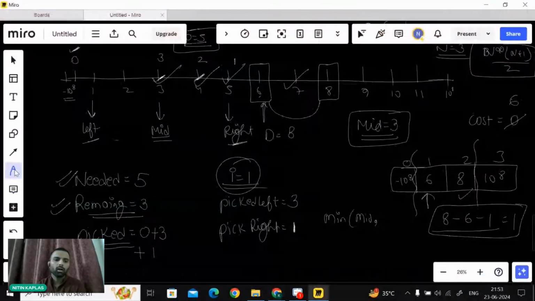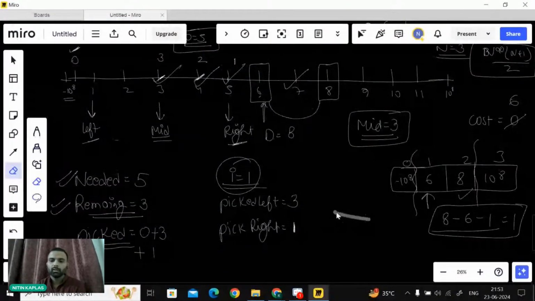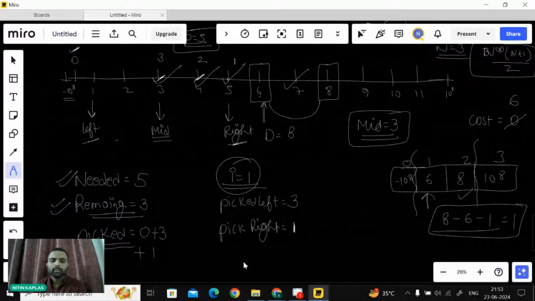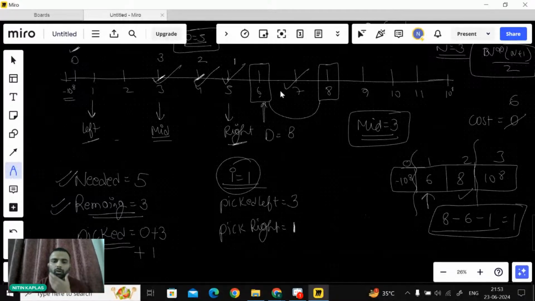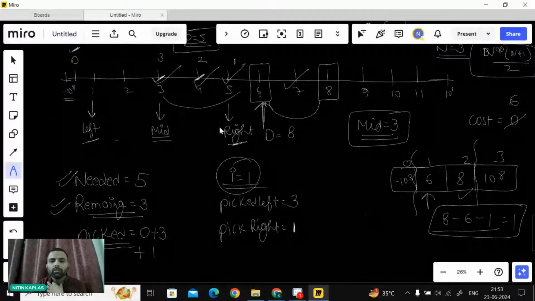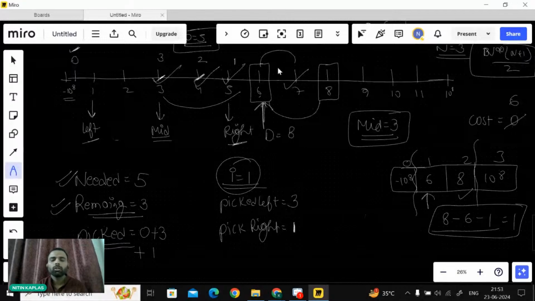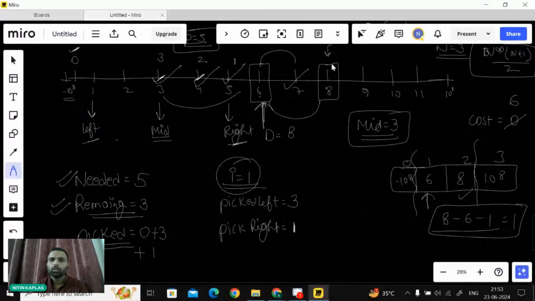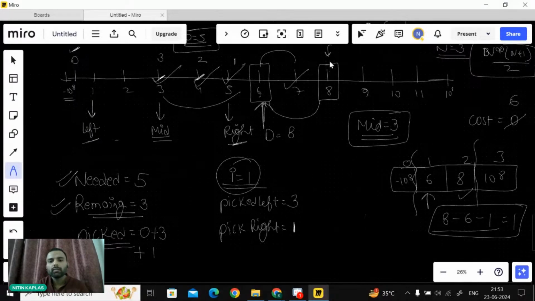Now again you have to focus here. What if you buy this property? When you are standing here, you buy within the range on this side, and how many plots are left on this side? Now when you are reaching here, i equals 2. When you reach i equal to 2, again you have to buy in the left direction and the right direction.